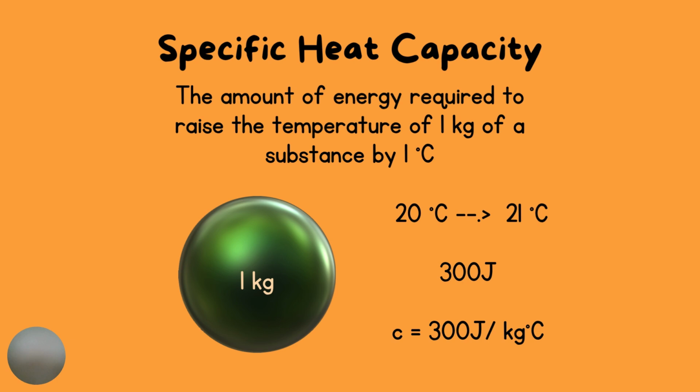You also have to be careful because sometimes they don't use joules, kilograms or degrees Celsius. Sometimes they use Kelvin, and they also use different units like kilojoules. They can change the unit itself, so it depends on the question. But generally, the amount of energy is per 1 kg per degree Celsius.